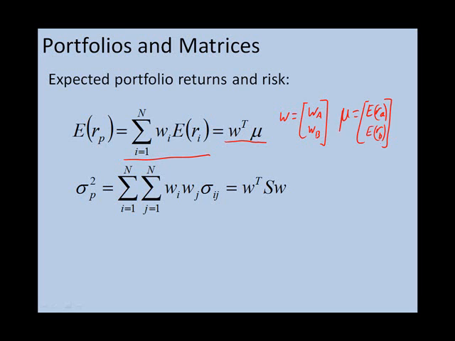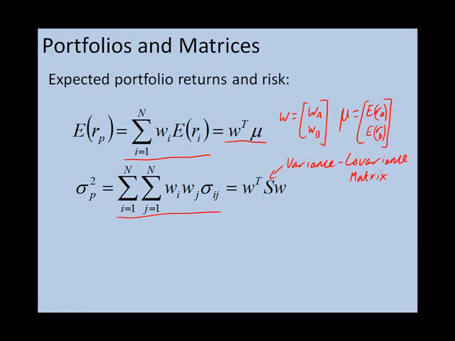We can also convert our formula for portfolio variance into matrix algebra. It's going to be equal to W transpose times by S, and S is called the variance covariance matrix.